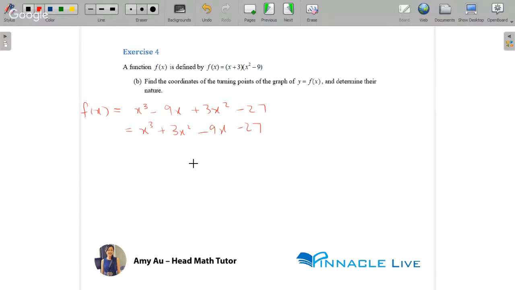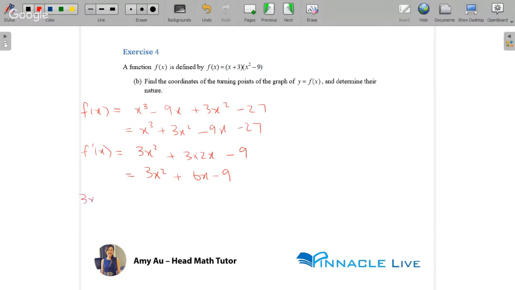All right, so what we're going to do is differentiate it now. Okay, once we've got that, what do we do?